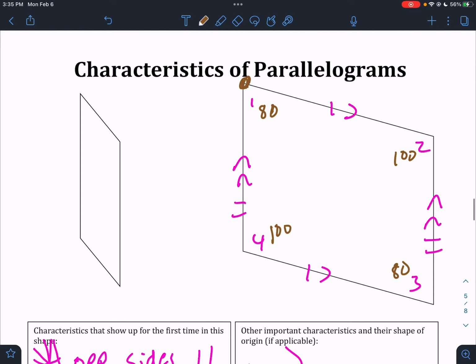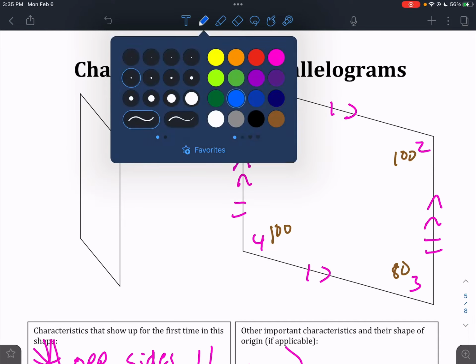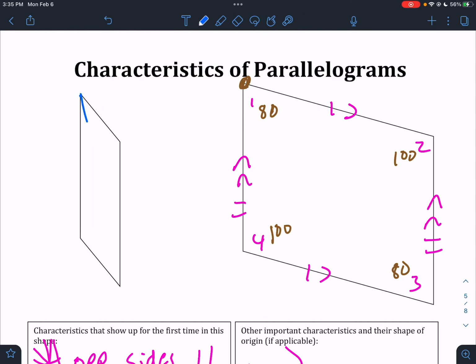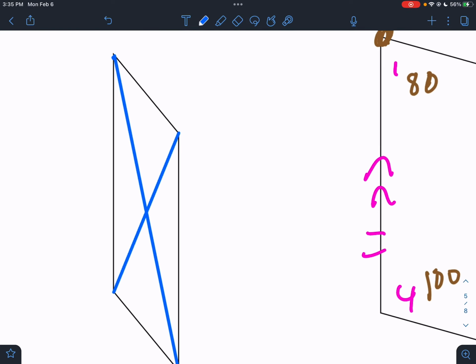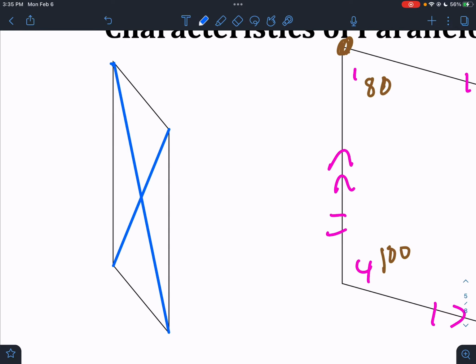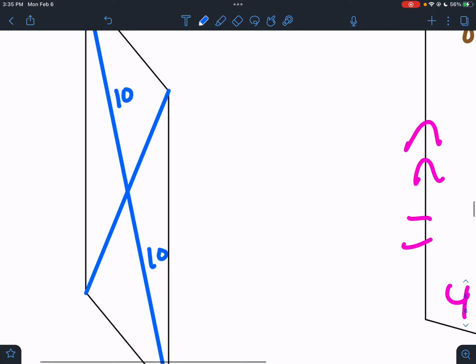And then the last one's kind of hard to tell, very hard to tell. But if you draw the diagonals, let's look at them. What do you think is true? Are they equal? Well, no, they aren't equal. Look how long, like those are not the same size for sure. But they do cut each other in half. So like if this is 10, then this would be 10. If this is 5, then this would be 5. So they cut each other in half.